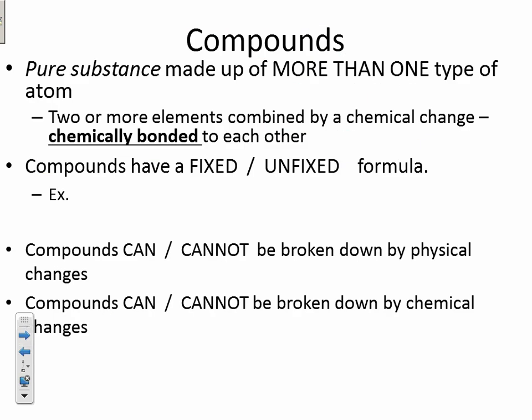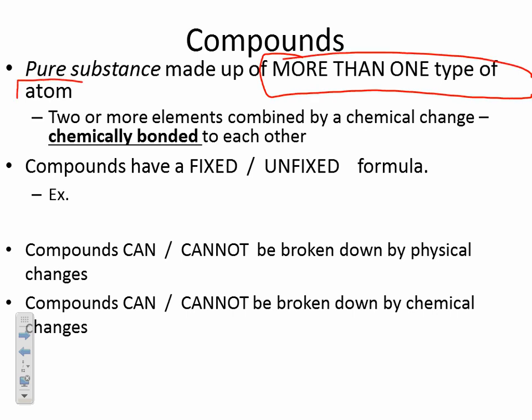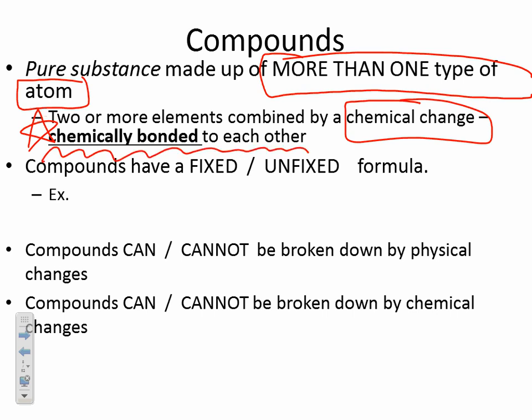A compound, on the other hand, is also a pure substance, but now it's made of more than one type of atom. So a compound is going to have more than one atom in it, and these 2 or more elements are combined by a chemical change, so they are chemically bonded to each other. And a compound will always, always, always have a fixed chemical formula.